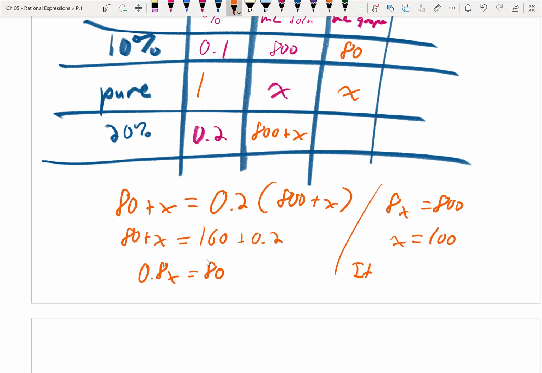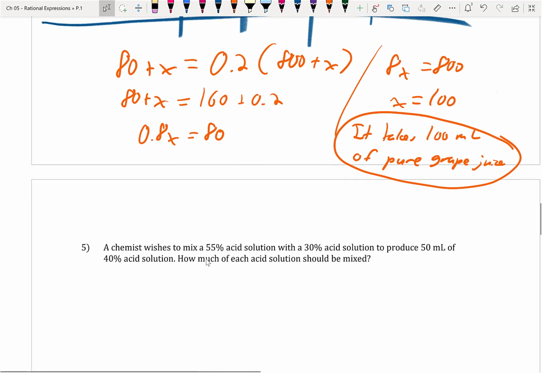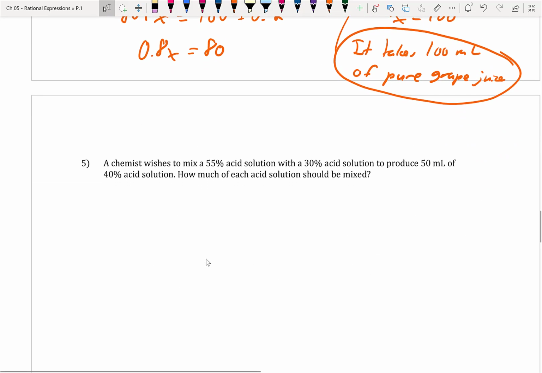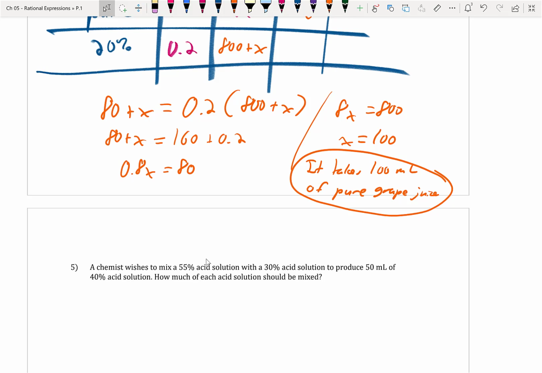And we can say it takes 100 milliliters of pure grape juice. So what's the x then? After you multiply the 0.2 and 2? Oh, there should be an x right here. Yeah.